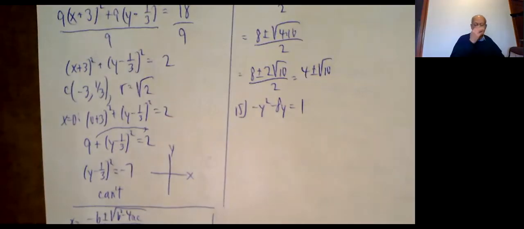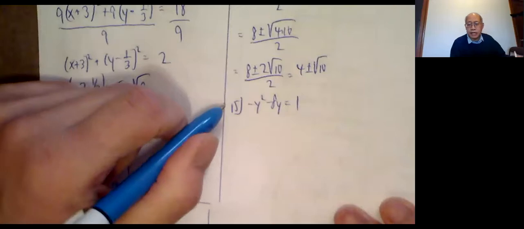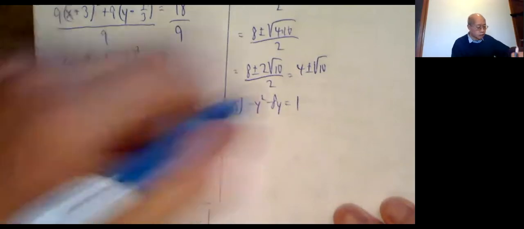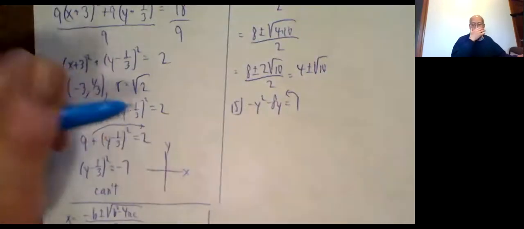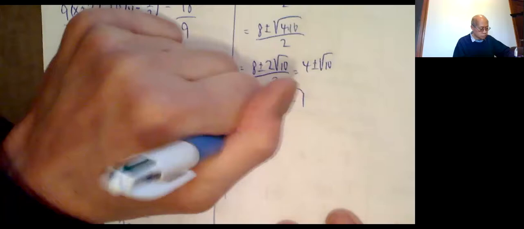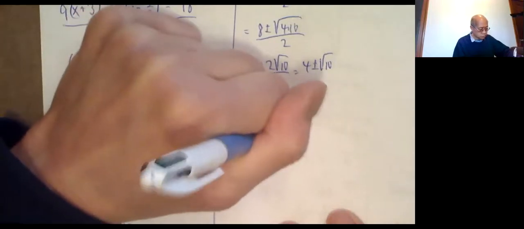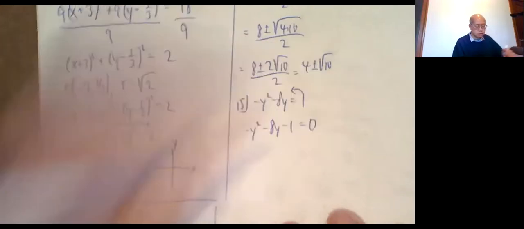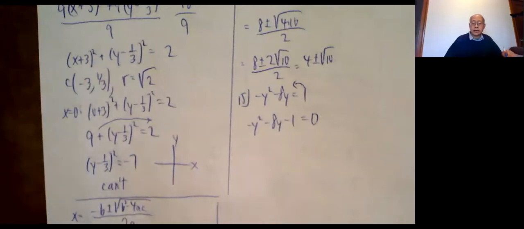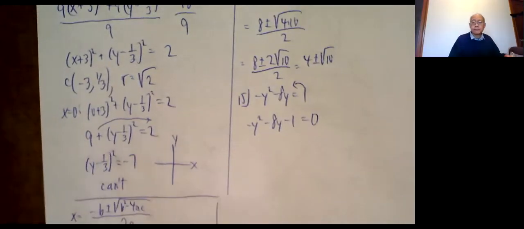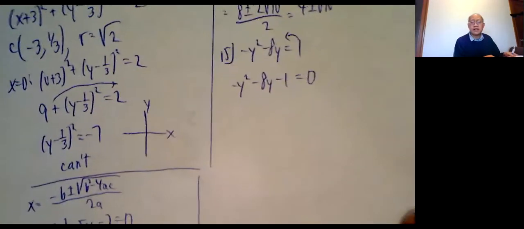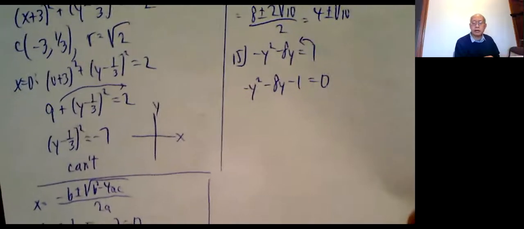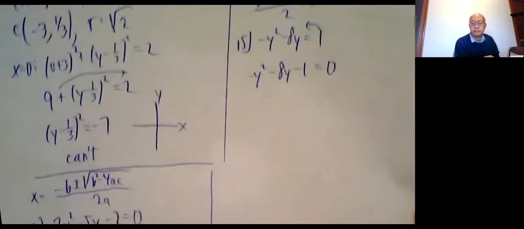Okay, so I'm not really going to do it, I'll just set you up. Move this over. It looks like this, which is perfectly legitimate. I could do that, but I don't want to do it.